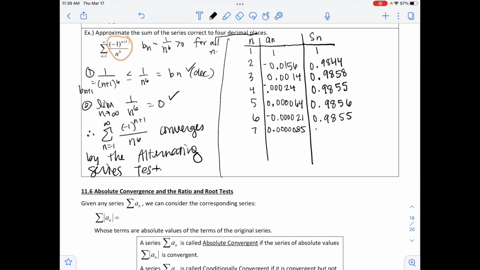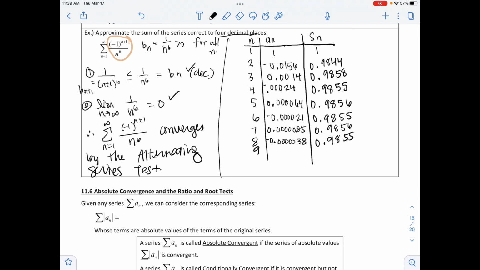So going again with the 8th term, we get negative 0.000038, and adding this in, we have a sum of 0.9855. And it looks like right now it's just bouncing between those two, so hopefully we are close and it's converging. Again, it's alternating, so that's causing this not to converge as fast.